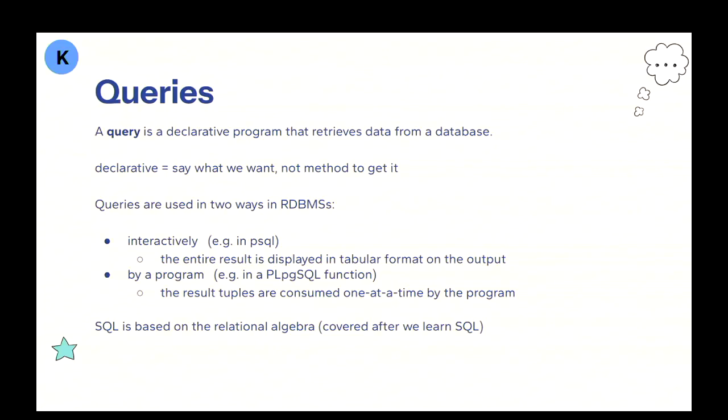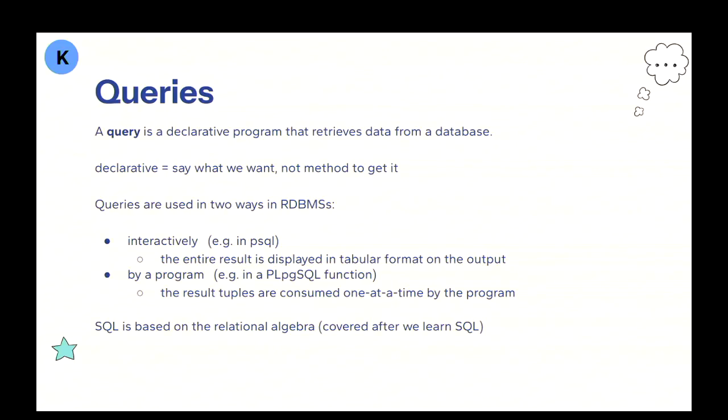Normally queries are done in two ways in relational database management systems. The first one is we can do it interactively using some shell, for example PSQL. You can also interact with the DBMS with a program. You can write some Python scripts, or use whatever programming language you like to interact with the SQL database.